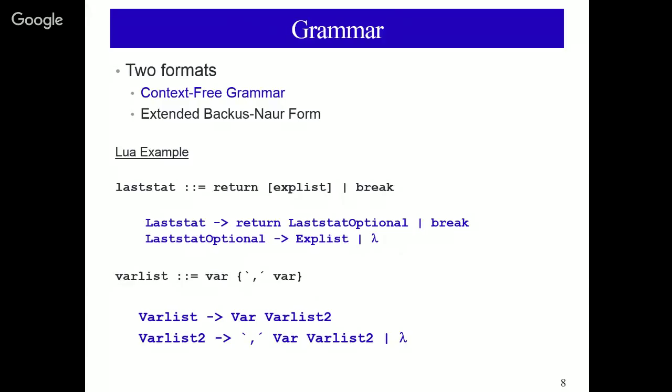He came up with this language hierarchy. And they actually worked independently. They didn't know about each other. They didn't know they were doing the same thing. But they came up with pretty much the same notation to define programming language grammar. And I'm using the Lua example. So the top one, the black line here, that's the extended Backus-Naur form.